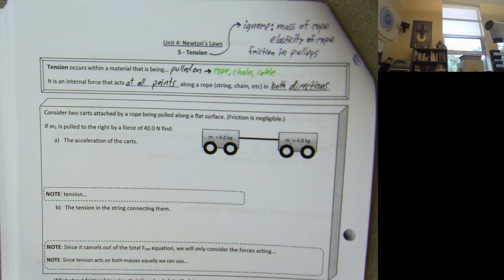Before we get into the example, I want to demonstrate for you what we're talking about here. So I've got two blocks. I'm going to tie them together with a string. And we're going to make some justification for the math that I'm about to do.